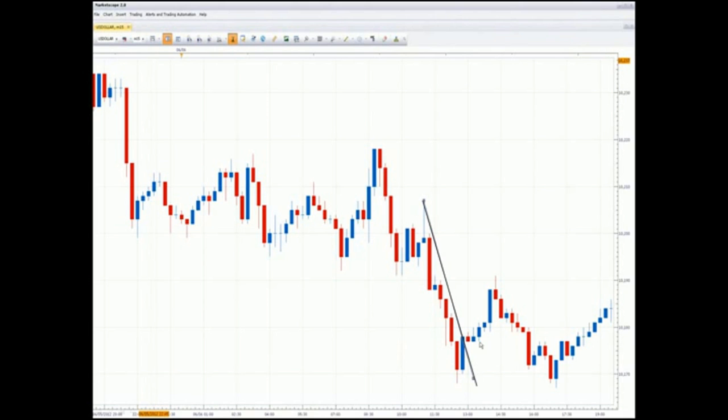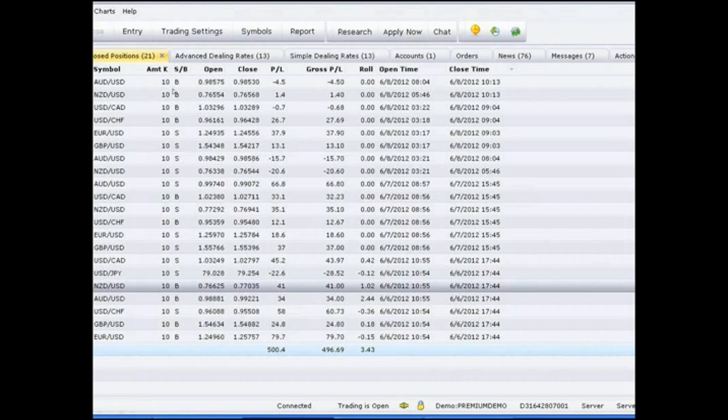This is 6/5, and I traded this pullback right here, with just $1 a pip, and look at how the euro paid me 79 pips, the GBP paid me 24 pips, the Swiss paid me 60 pips, the Australian dollar paid me 34 pips, and the New Zealand dollar paid me 41 pips.